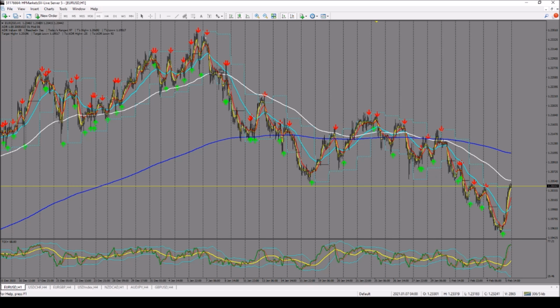So the first level was from this point to that point, and the second level was this drop from this point, and we had consolidation here, which became the second level, and we had the third level up to this point. So from that point, we had our reset.